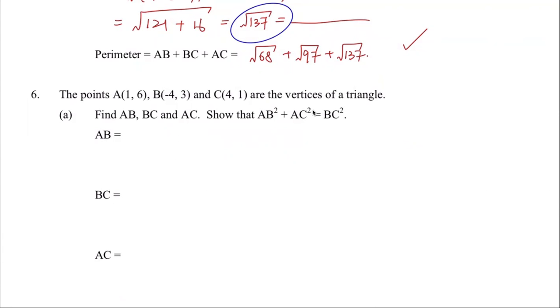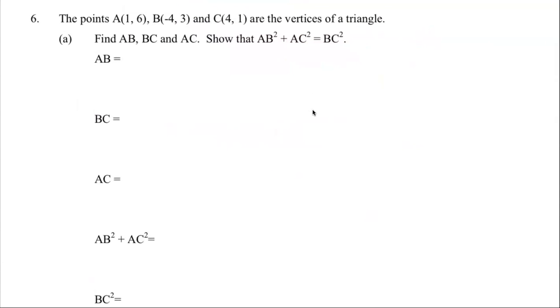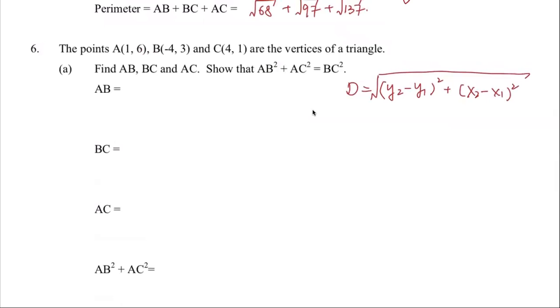Okay, so AB, what's the distance? The distance is equal to the square root of y2 minus y1 squared plus x2 minus x1 squared, right? So AB is equal to the square root of, I'm not going to write all the steps because I've repeated this so many times.